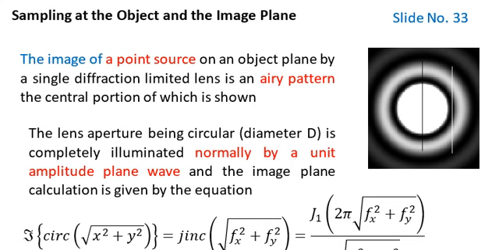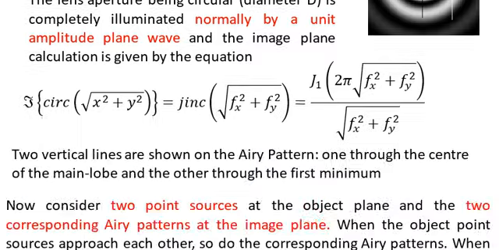In other words, the distant point sources in the sky are just resolved. This is the resolution criterion which we call the Rayleigh resolution criterion, in which the center of the maximum of the second Airy pattern coincides with the first minimum of the first pattern.